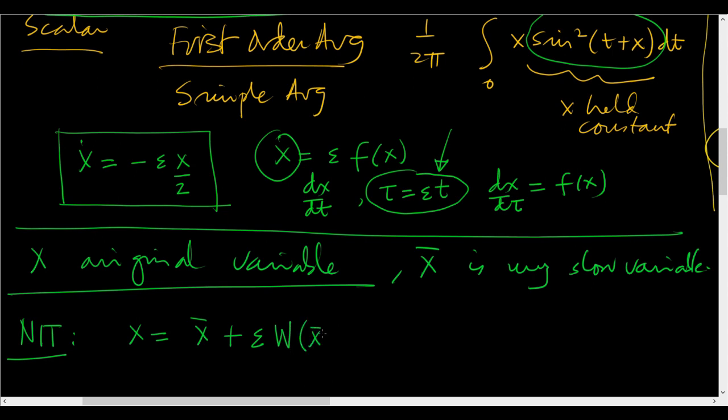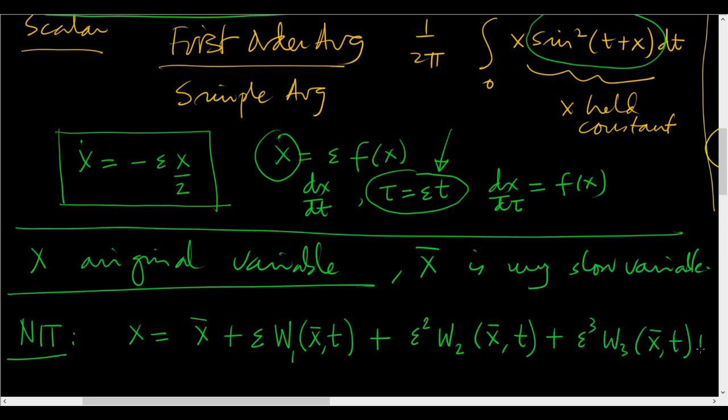I will choose this later. Let me call this W1, epsilon squared W2 of x bar and t, plus epsilon cubed W3 of x bar and t, plus dot dot dot.